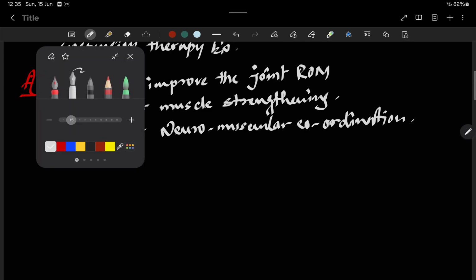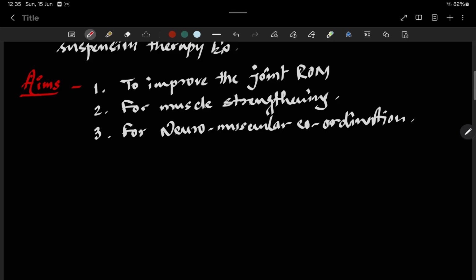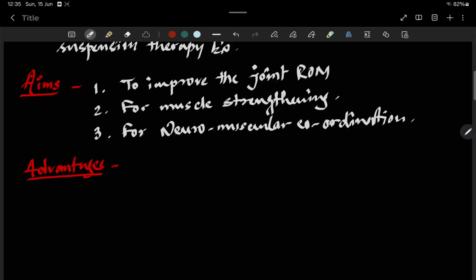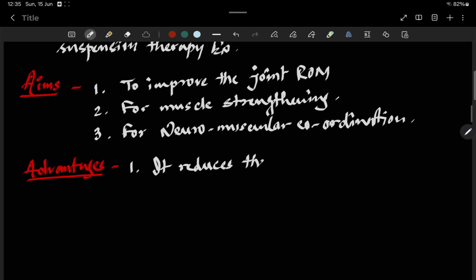Next, we study the advantages. Number 1, it reduces the burden of the physical therapist.